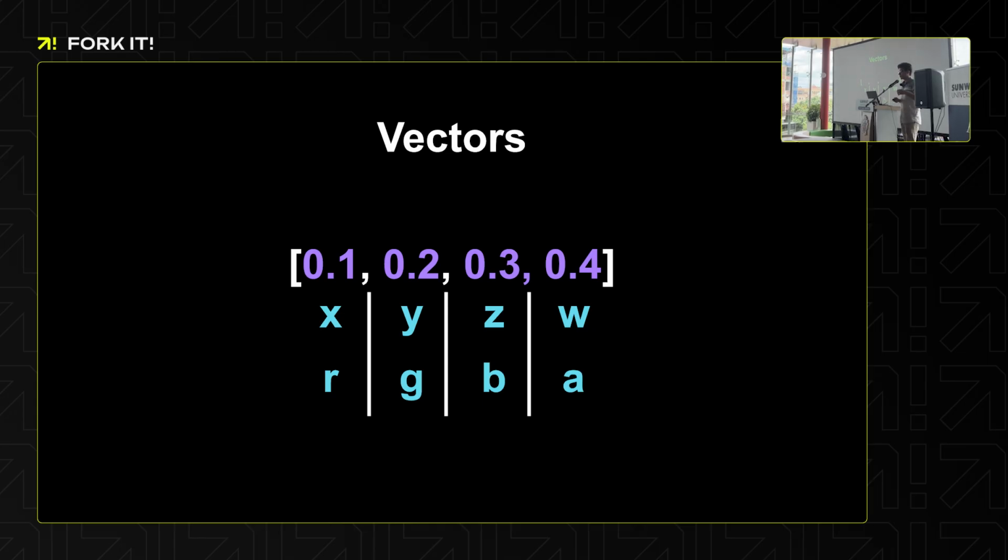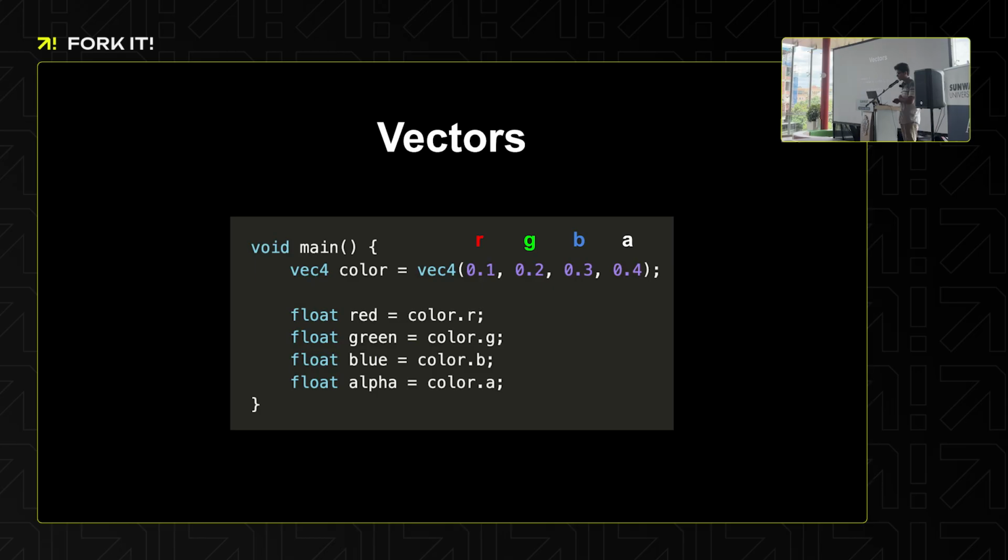If you want to create a color, you know that RGBA colors have the red channel, the green channel, the blue channel and the alpha channel. If you're going to make this in GLSL, you are going to create a vector, and each coordinate is going to be a channel for color. So for example, here we have a color, and we are creating a vector for this color.